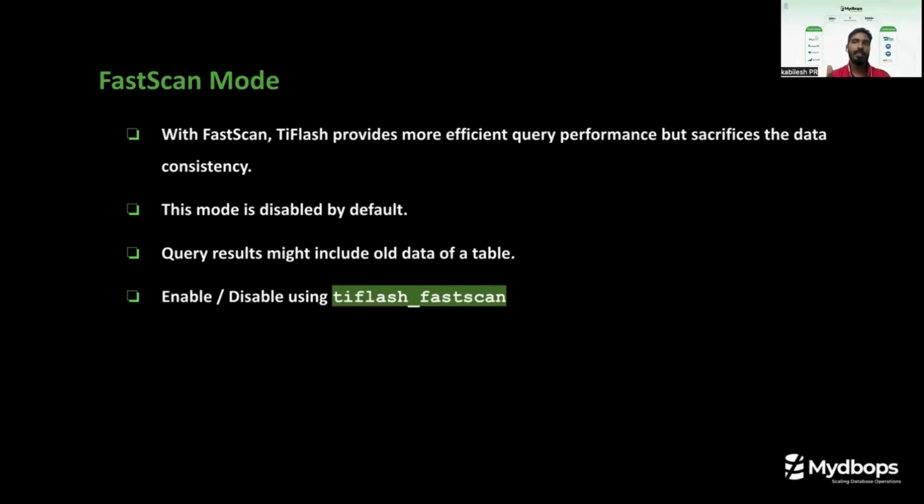For a particular primary key, you can see an older version of the same. That is a caveat with respect to fast scan. You can also enable and disable TiFlash fast scan by using the TiFlash fast scan variables. So that way we have reached the end of our slides.